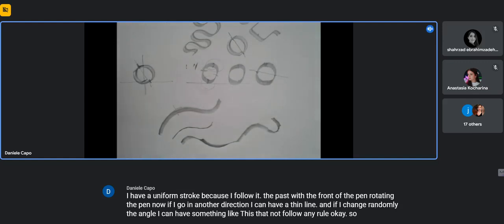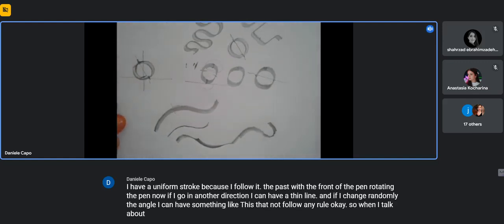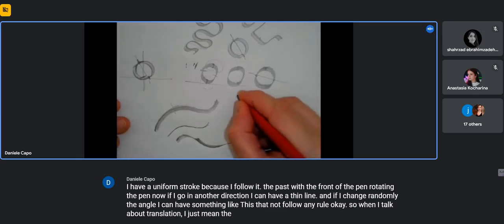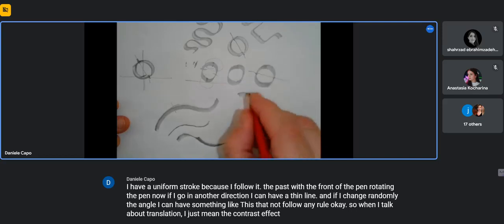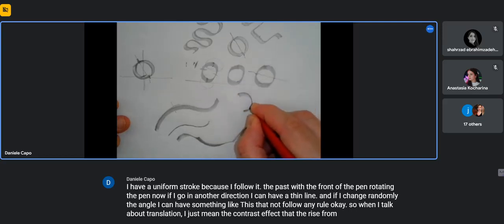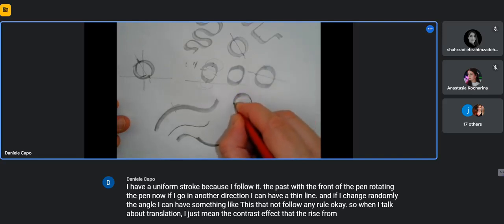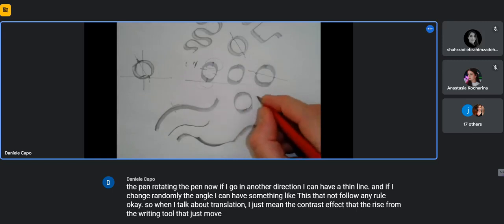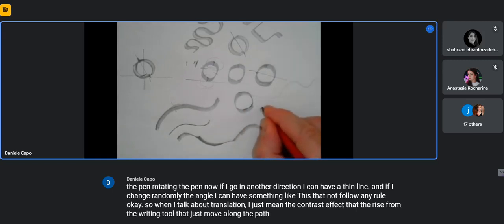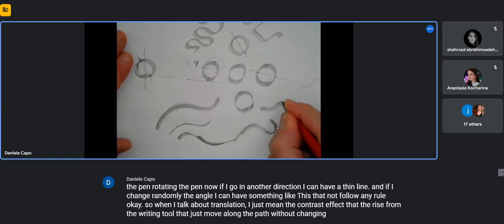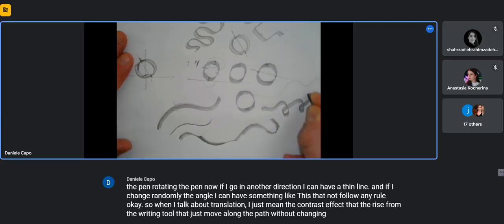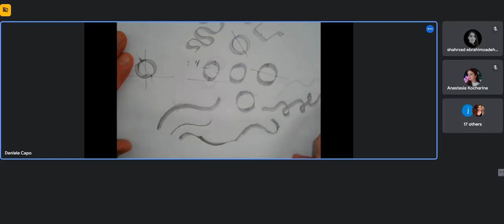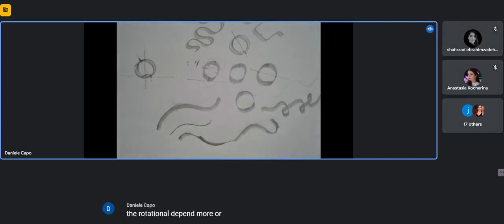Okay, so when I talk about translation, I just mean the contrast effect that derives from the writing tool just moving along the path without changing the rotation of the pen, more or less.